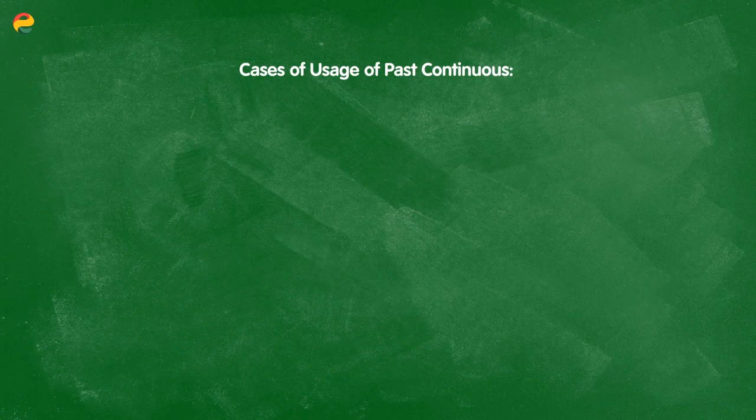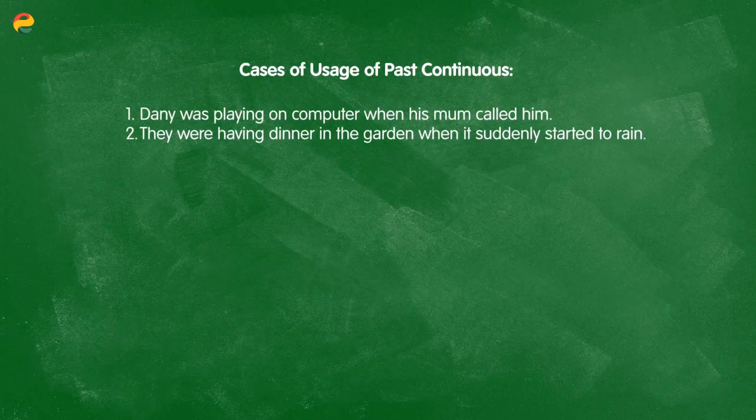However, in English, we also very often have to talk about two actions in the same sentence, where one action happens during another. In this case, we use both the past simple and the past continuous tenses. I can say that Danny was playing on the computer when his mom called him.